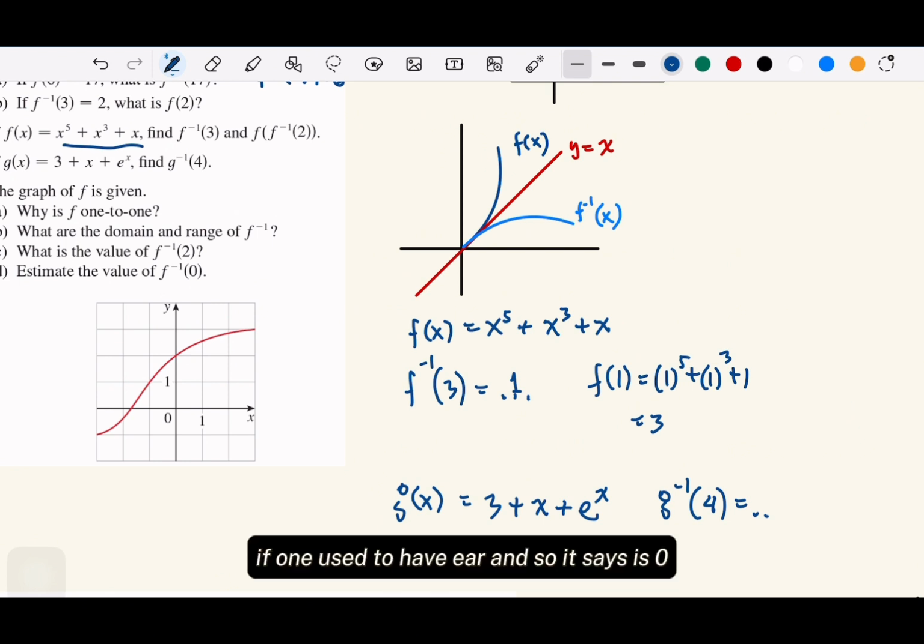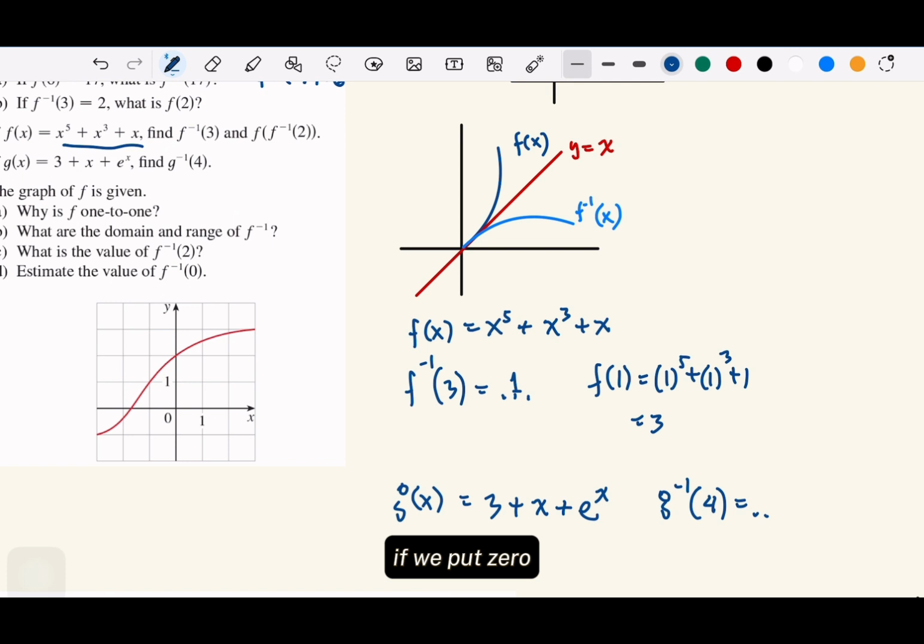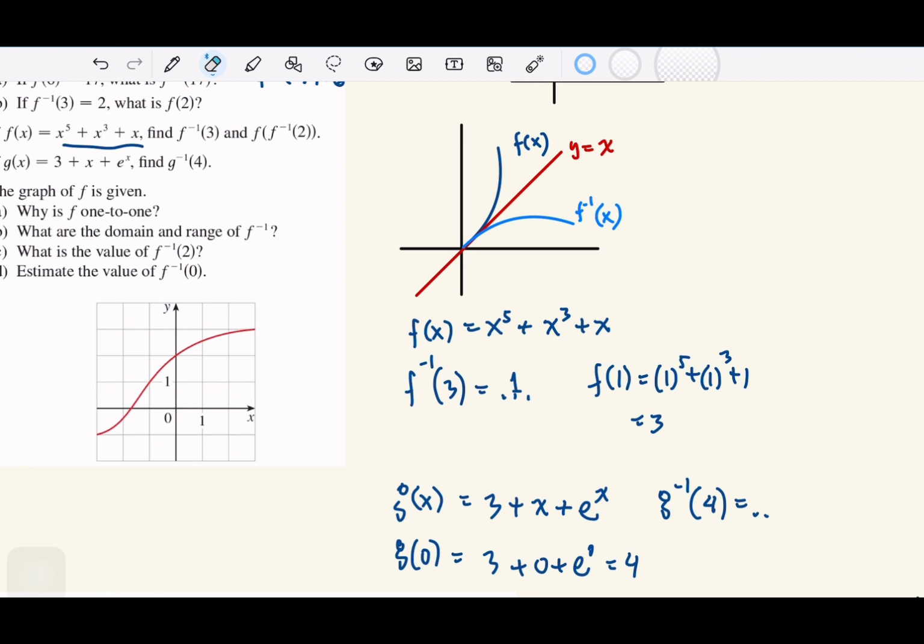If 1, you still have e, right? So it's 0. If we put 0, e to the power of 0 is 1. 1 plus 0 plus 3 is 4. So g inverse of 4 is 0.